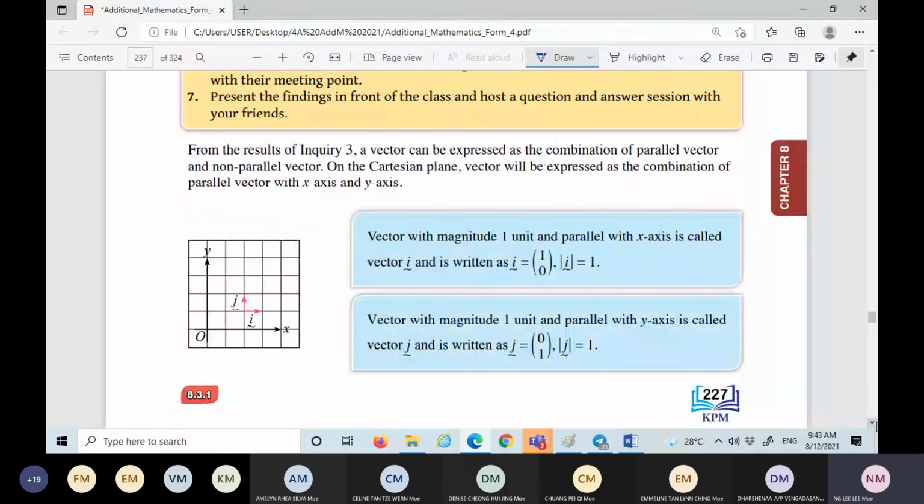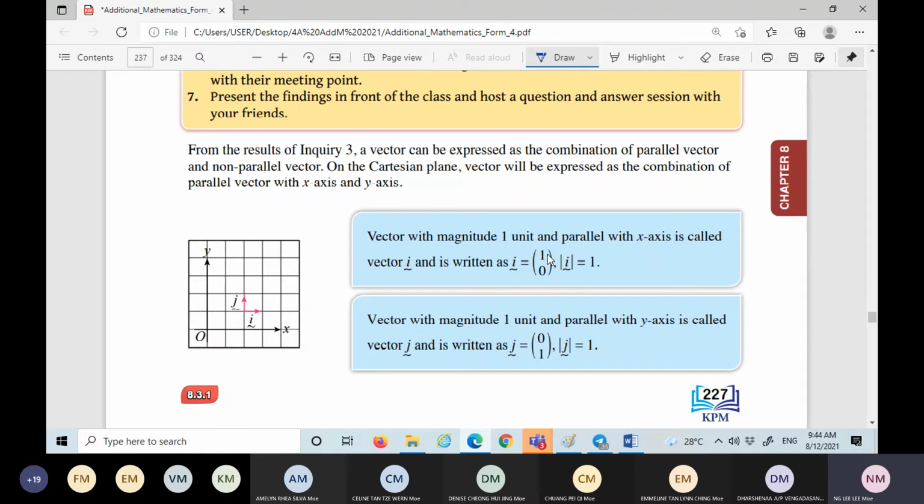What are i and j? How do we define i and j? i is this way, the positive x direction, and it is one box, one unit. A vector with a magnitude of 1 unit and parallel with the x-axis is called vector i and is written as i. You can write in this form (1, 0).